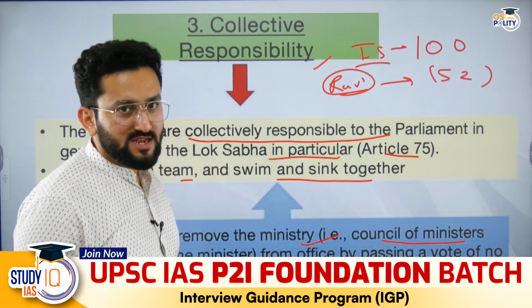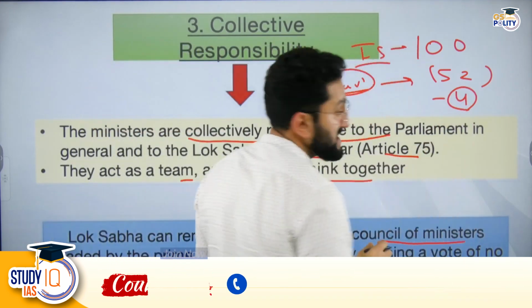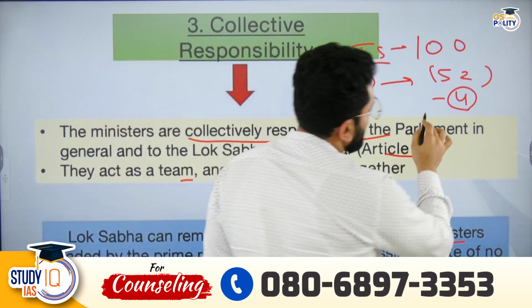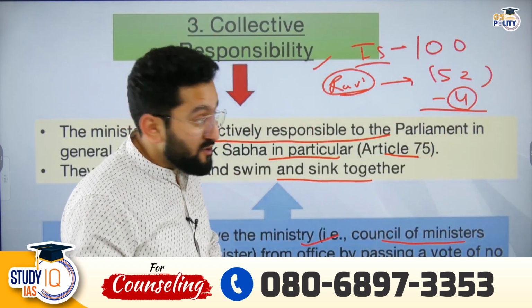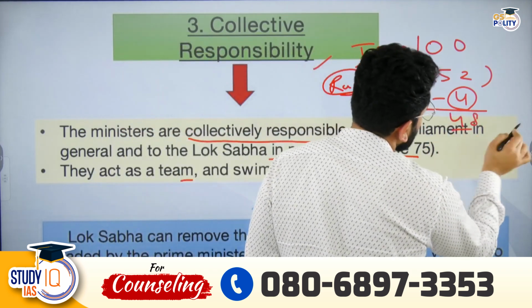After some time, after 6 months, 4 members of Ravi's party have resigned. Now at this point of time, how many members does Ravi have in Lok Sabha from his party? You can see that we have only 48.